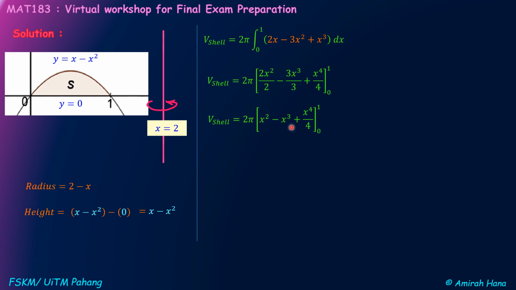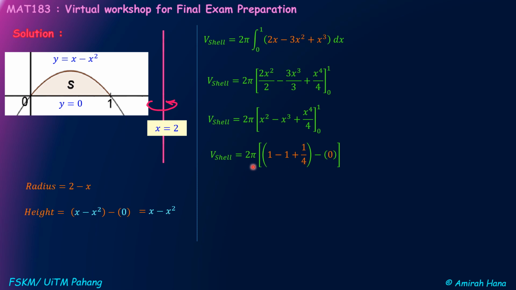Okay, and then from here, we can substitute the value of the upper limit first into variable x, and then in between minus, and then we substitute lower limit 0 into variable x. Okay, so after we substitute, we get this. Okay, 1 minus 1 plus 1 over 4. Minus, after we substitute 0, we get 0.